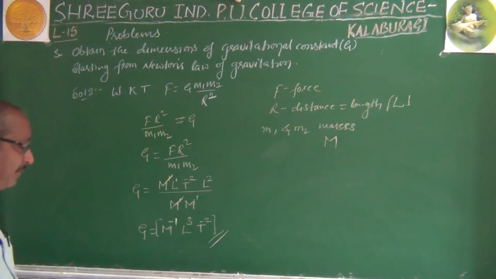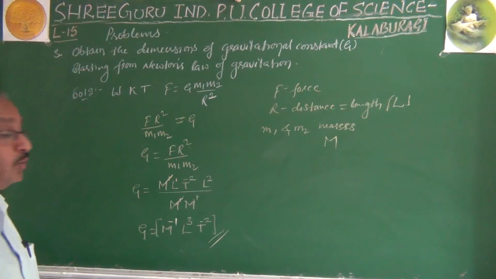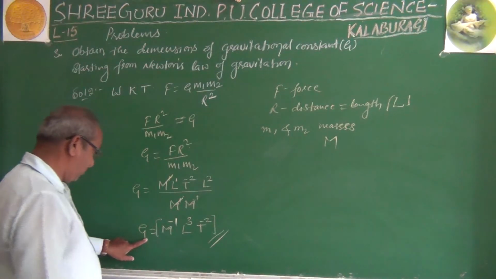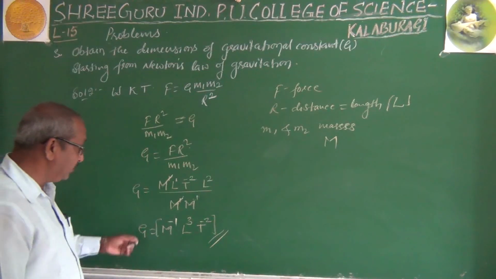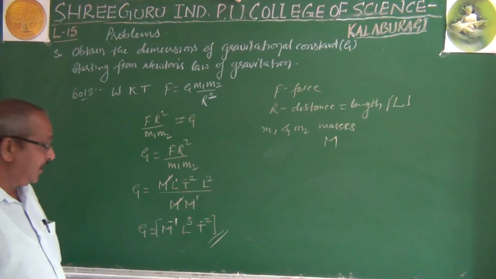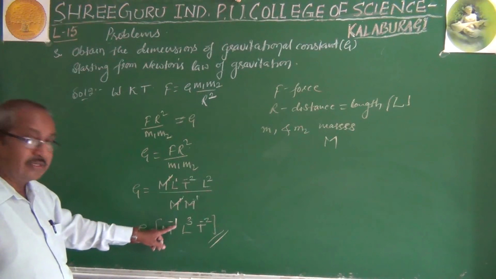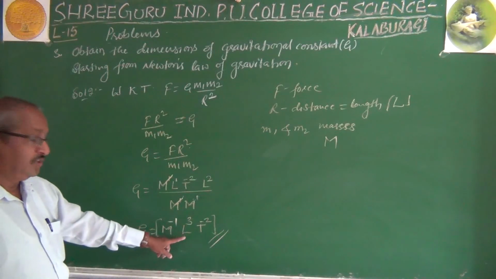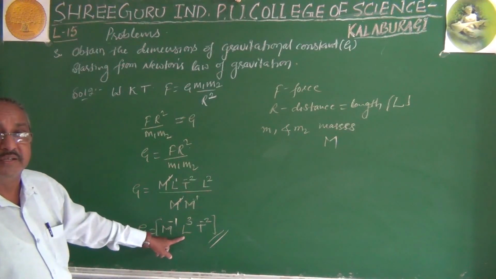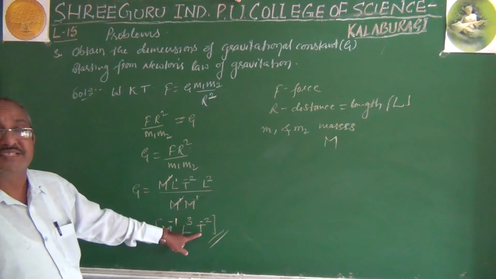The use of this dimensional formula, once again I will tell you, is that we are able to write the unit of this gravitational constant. So G equals M raised to minus 1, L raised to 3, T raised to minus 2. M is mass, its unit is kg, L is length, its unit is meter, T is the time period, and time is measured in seconds.